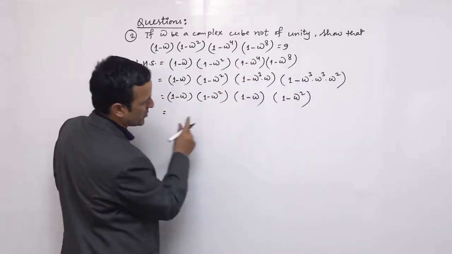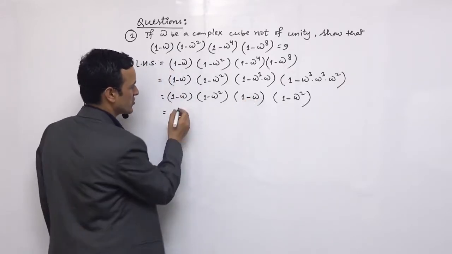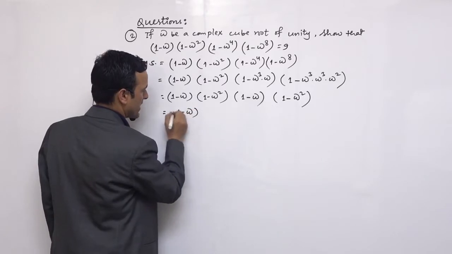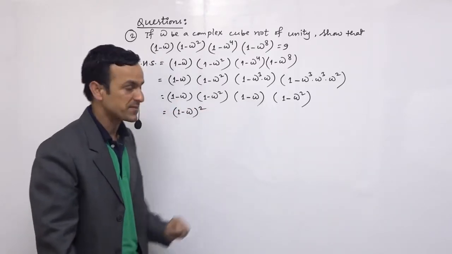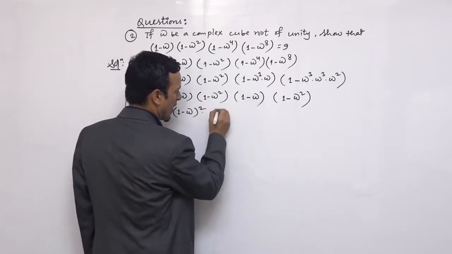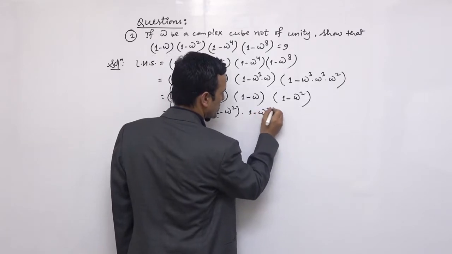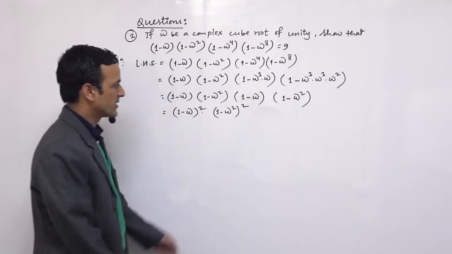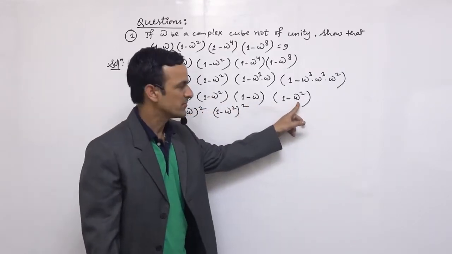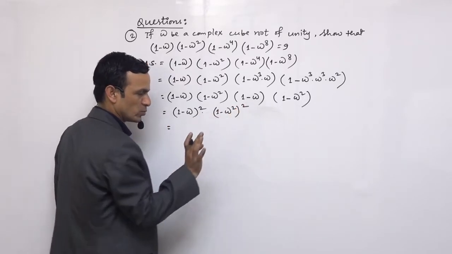If you look once, we can see this term and this term are similar. So write down (1 minus omega) whole square because it is repeated 2 times. Similarly, (1 minus omega square) into (1 minus omega square) is also whole square because here is also the same. We get the same term 2 times, so write down power 2.